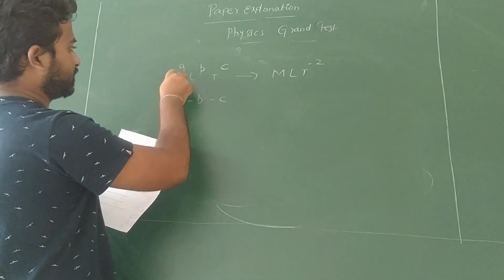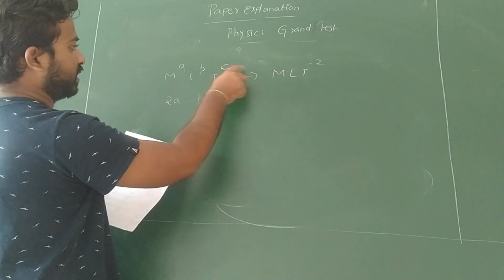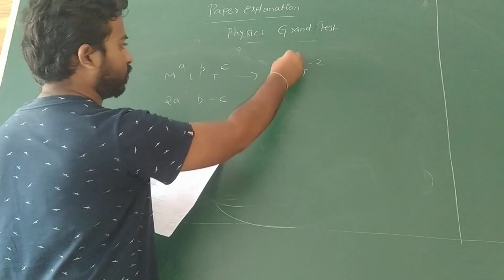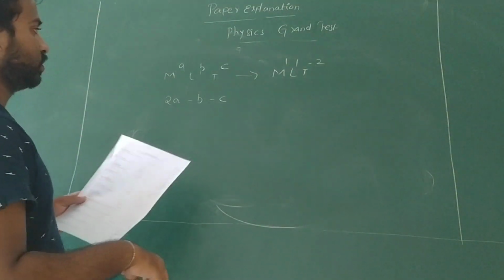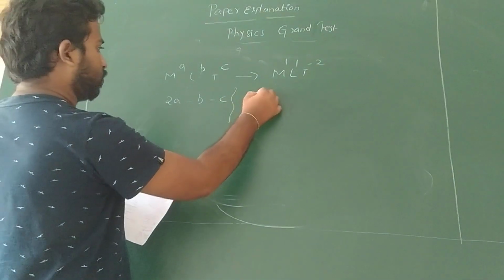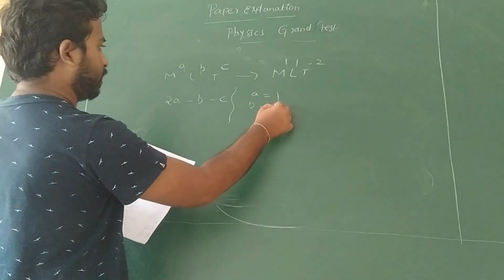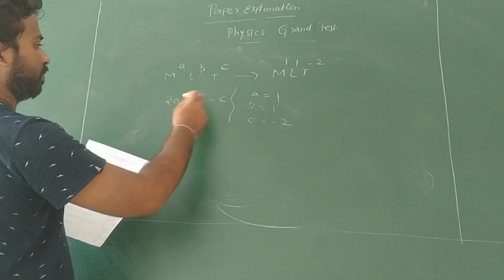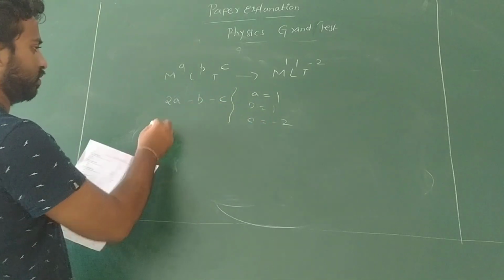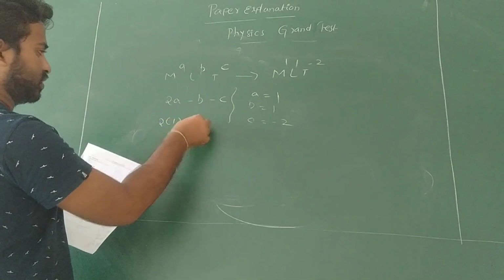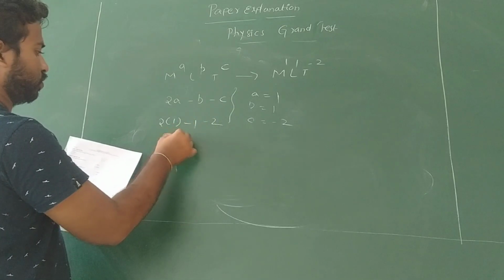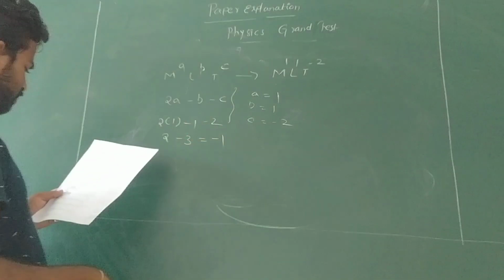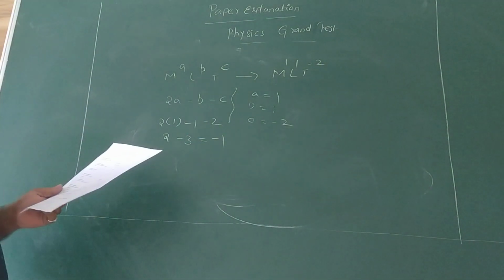M power a, L power b, T power c equals M L T power minus 2. Now you can see a equal to 1, b equal to 1, c equal to minus 2. Then substitute: 2 into 1 minus 1 minus 2. Then 2 minus 3 is minus 1. So the sixth question answer is minus 1.